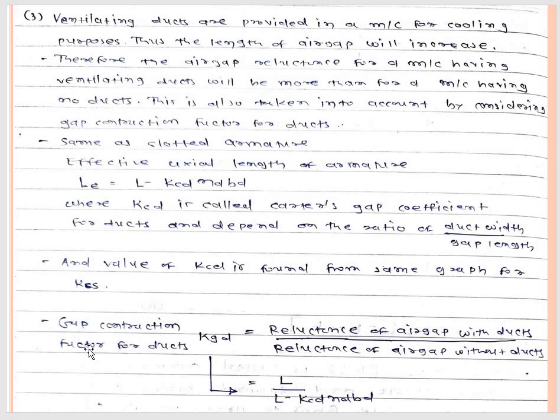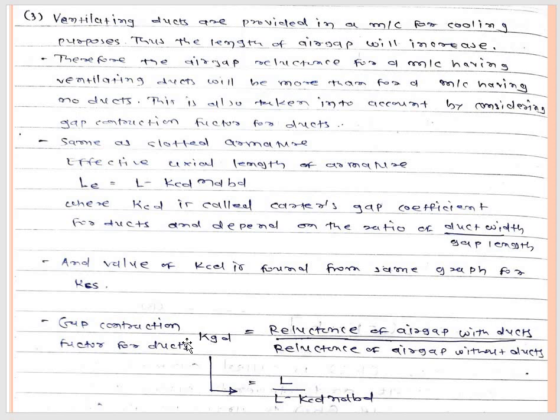Now the gap contraction factor for the ducts kgd is given by the ratio of the reluctance of the air gap with ducts to the reluctance of the air gap without ducts. So it is given by L divided by L minus kcd into nd bd.